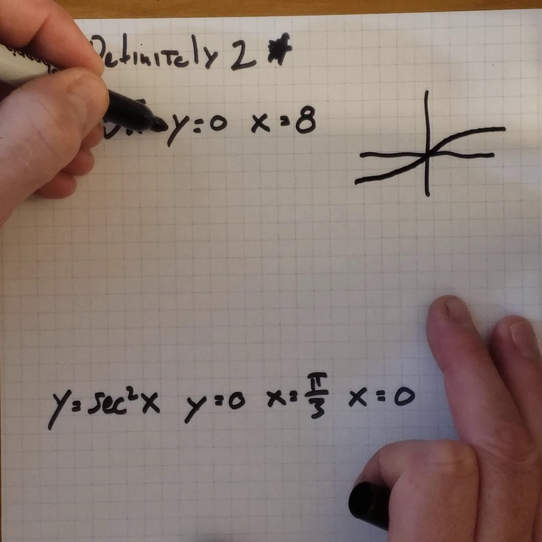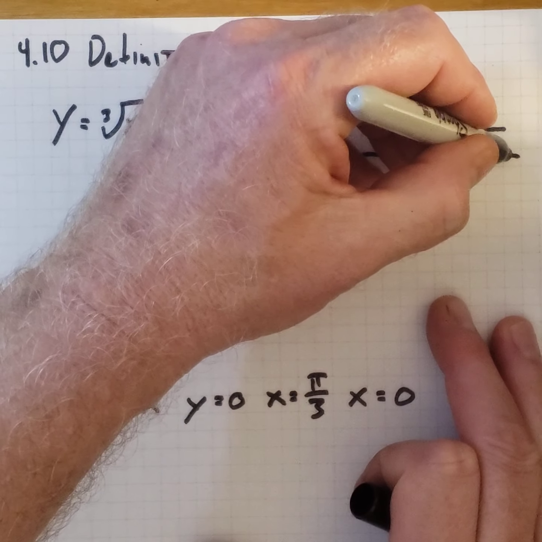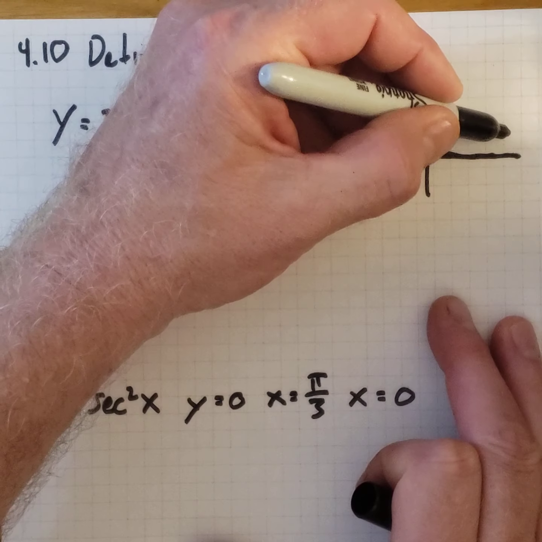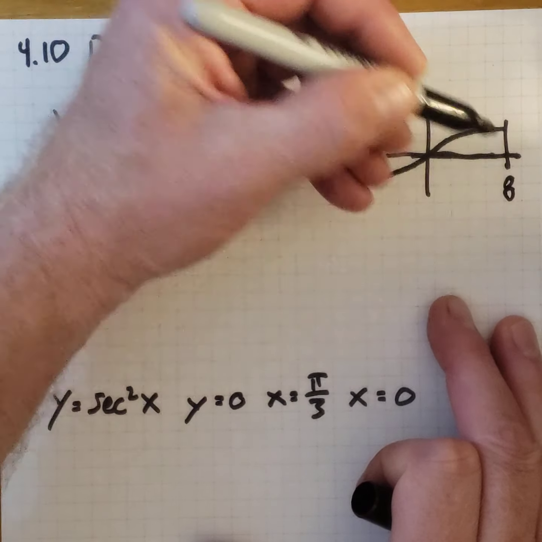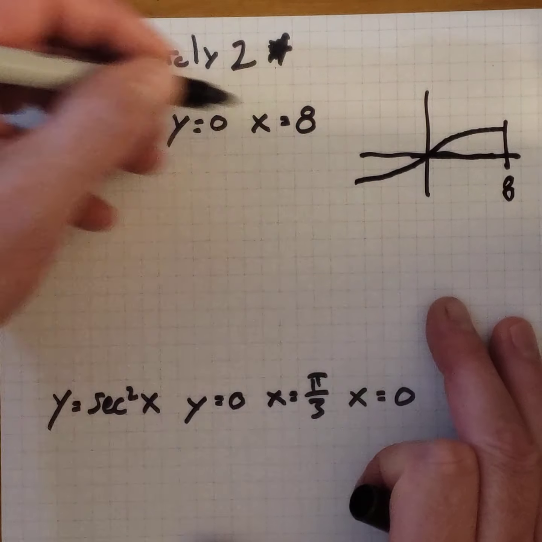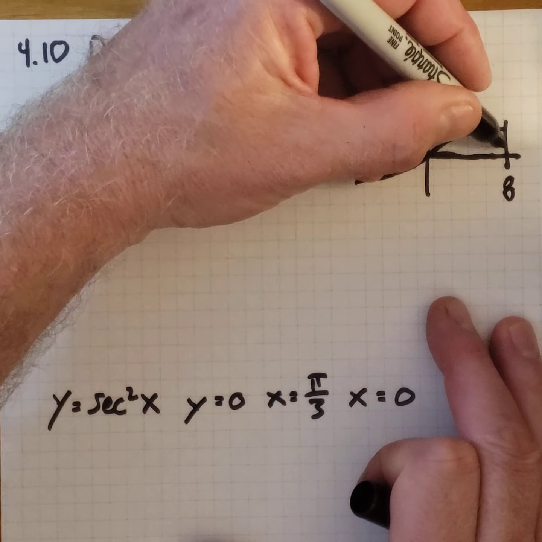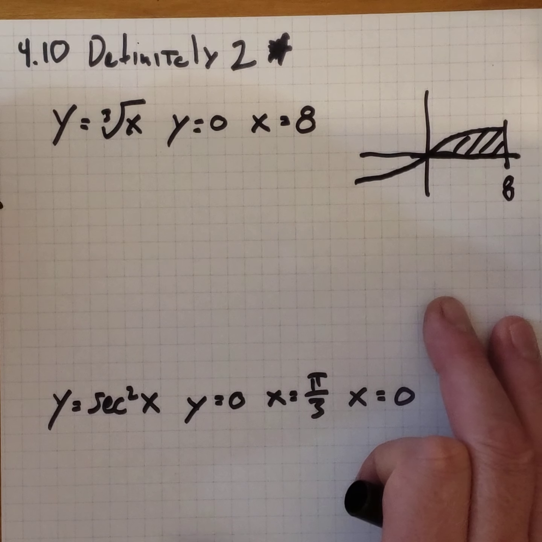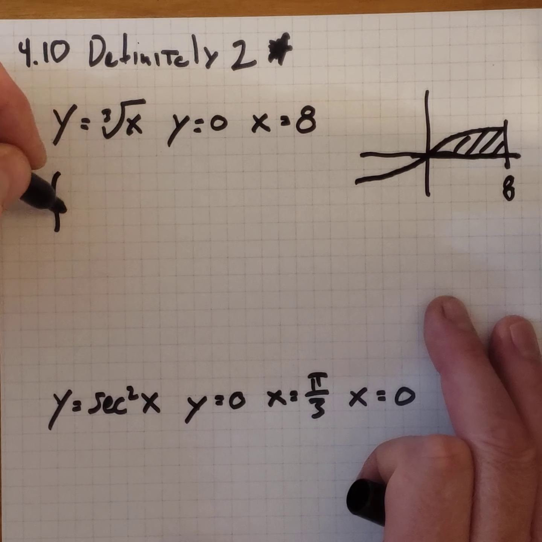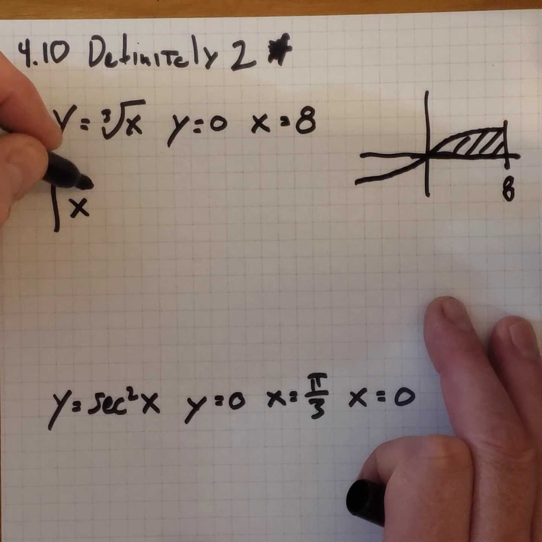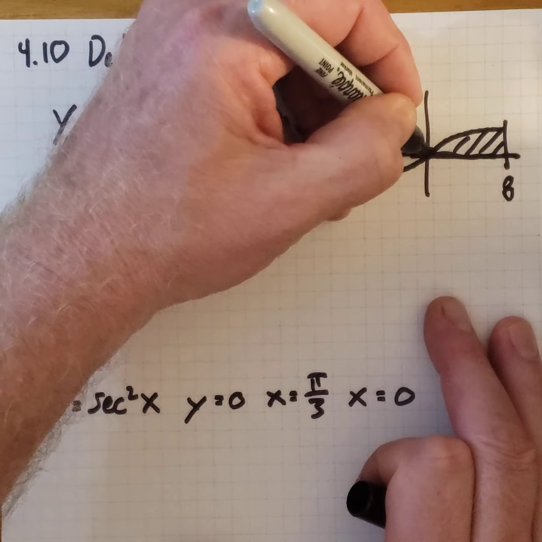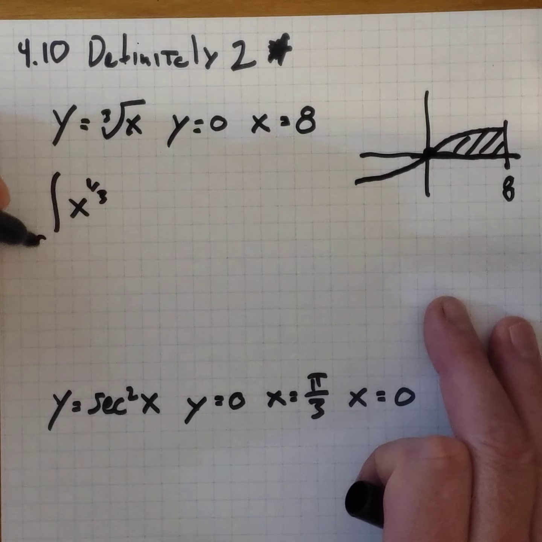Y equals 0 is a horizontal line at 0, which is the x-axis, and x equals 8 is the vertical line at 8. So these three curves together contain this area, which we know is the area under the curve, cube root of x, which I'm going to rewrite as x to the 1/3 power, from where this region starts at 0 to where it ends at 8.